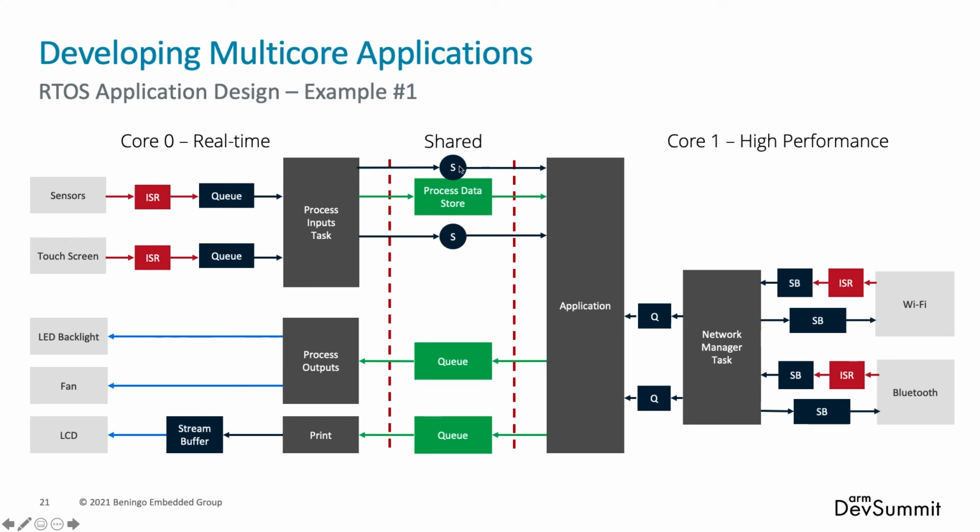I might be using a hardware-based semaphore to signal that there's data there. This application can then go over here, consume the semaphore, access the data, do its processing, and then come back over here and send the results to the processing output task and also the display using just a memory location. Again, I might have a semaphore or something like that to see what's going on.